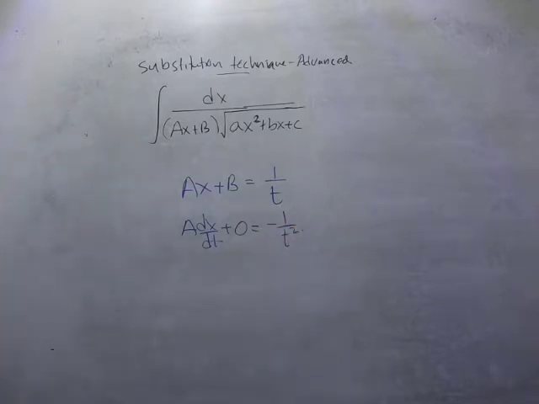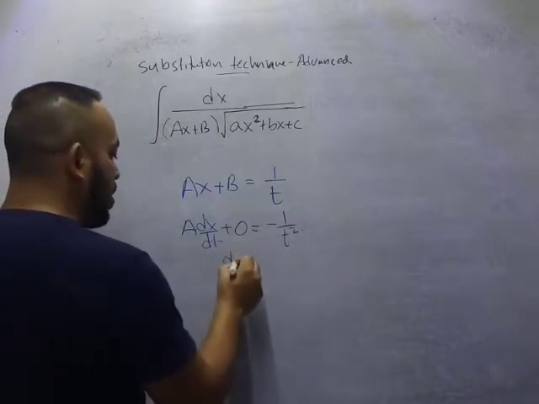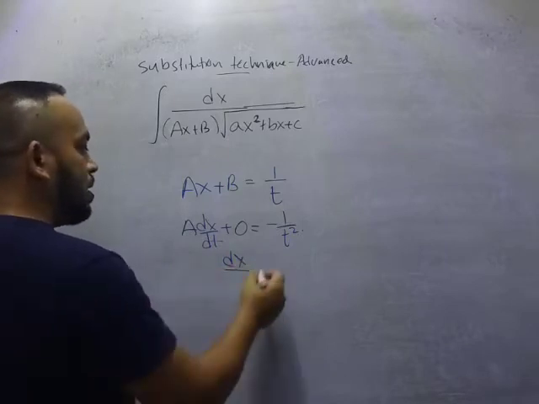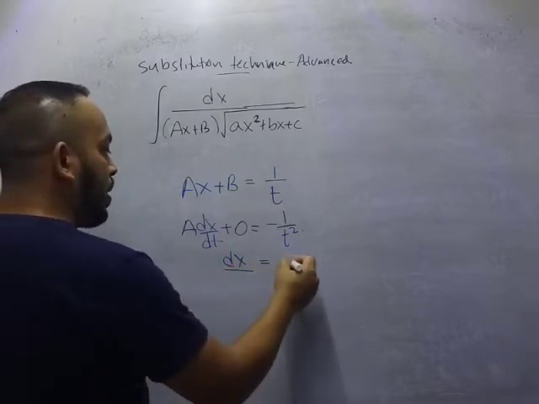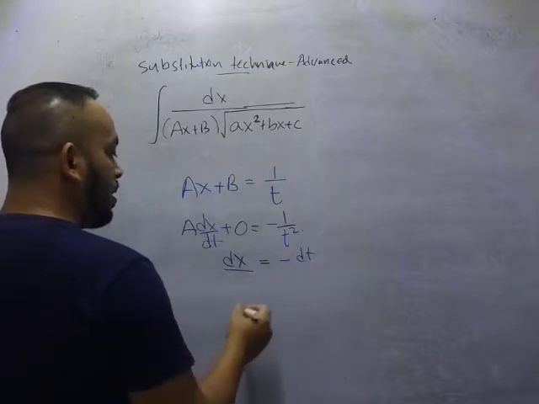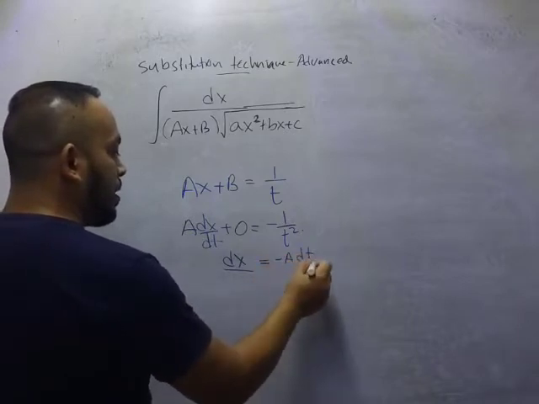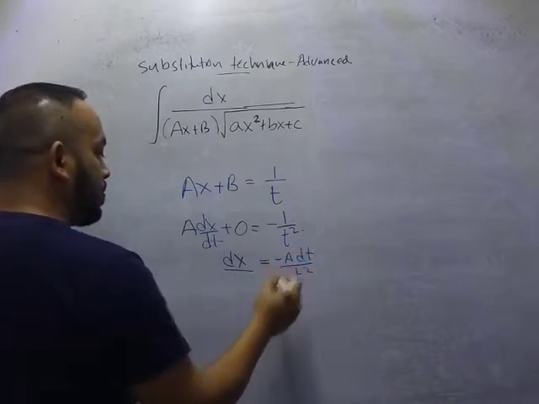From this we can obtain dx is equal to minus a times dt over t square.